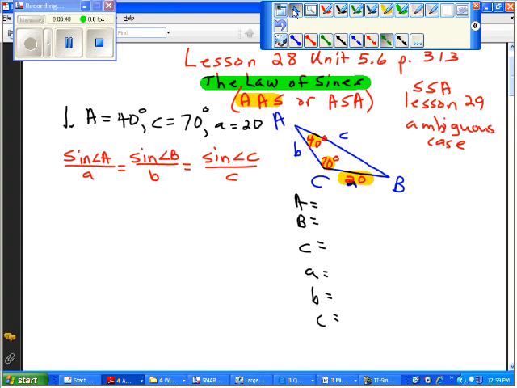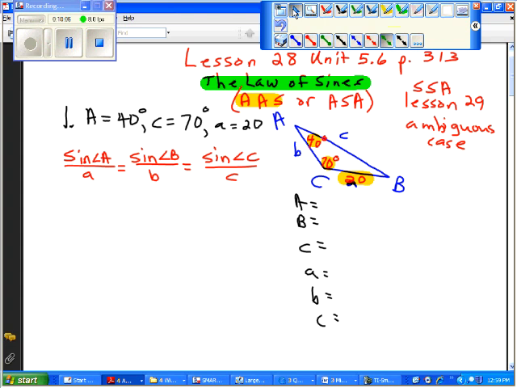In your textbook, it's going to have a over sine A, b over sine B, c over sine C. That's not the way I memorized it, so I'm putting the sines on top. It wouldn't matter. Sine angle A over little a equals sine angle B over little b equals sine angle C over little c, and you memorize that forever because it's a rule you're supposed to know. So we're going to plug into that.